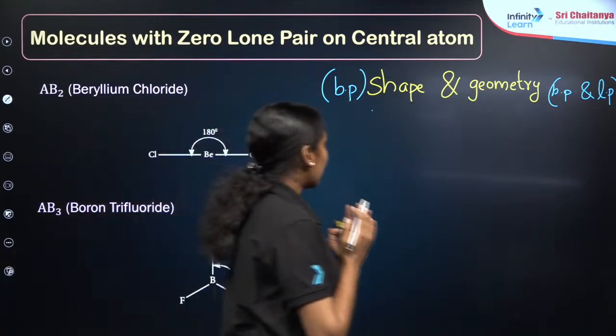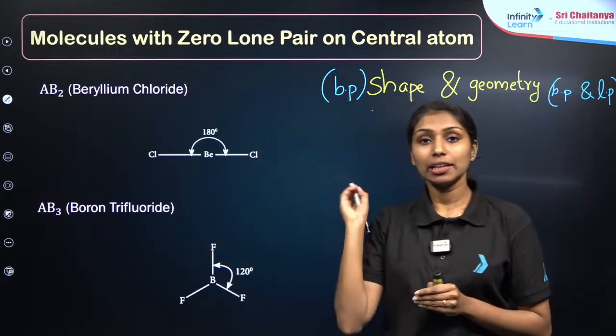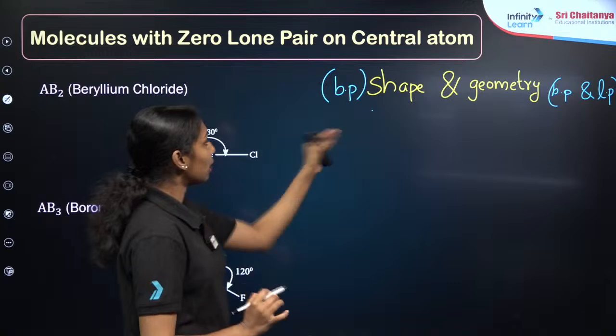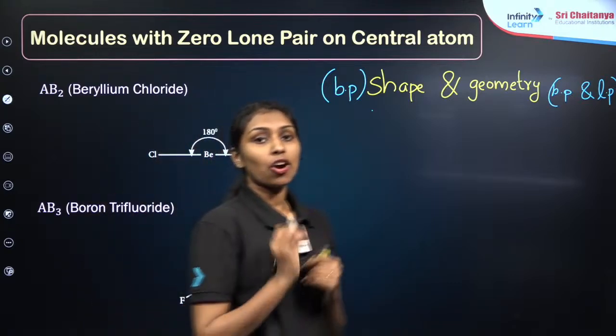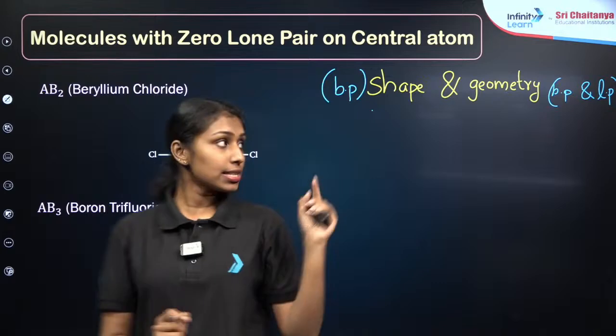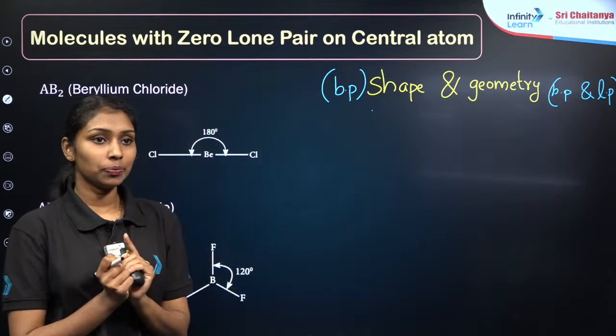Fine. If we are discussing the shape, it means that we will consider bond pairs only, right? If we are considering the bond pairs only, we will get the shape. If we are considering lone pairs also, because of the repulsion, the shape changes, so they will call it geometry. Clear?